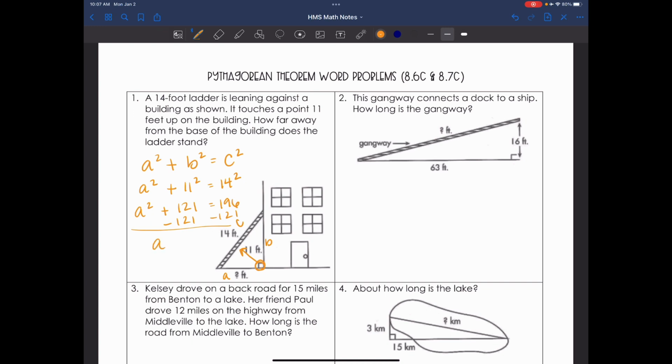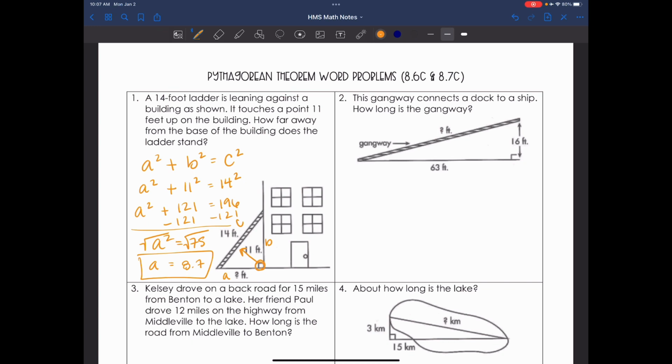So now I have A squared, and then 196 minus 121 is 75. Then I need to take the square root of both sides to use the inverse operation. And the square root of 75 comes out to approximately 8.7. That's it.